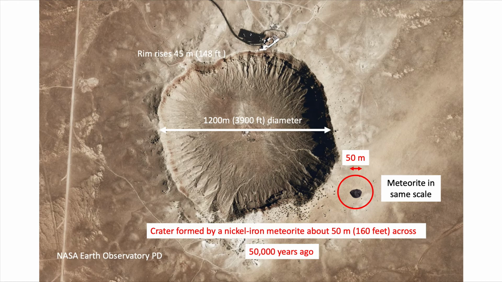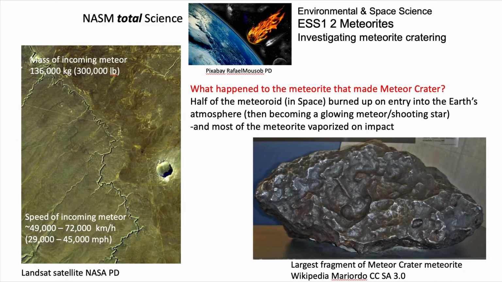And some of the dimensions have changed with erosion, deposition, etc. But Arizona is quite dry, so unlike other parts of the world where erosion has nearly eradicated meteorite crater evidence, the one in Arizona is very visible. So here are a few suggestions.